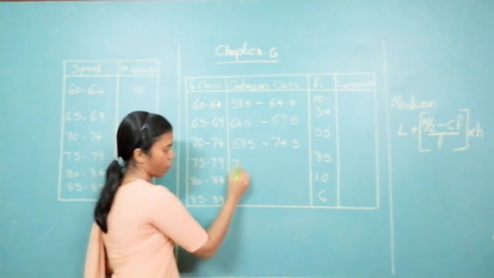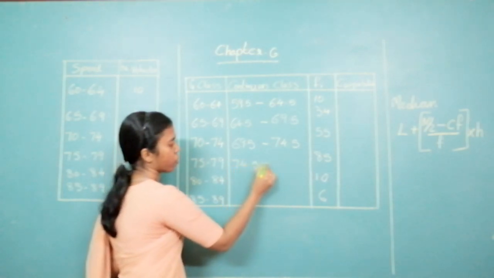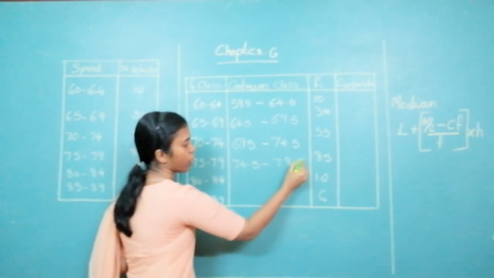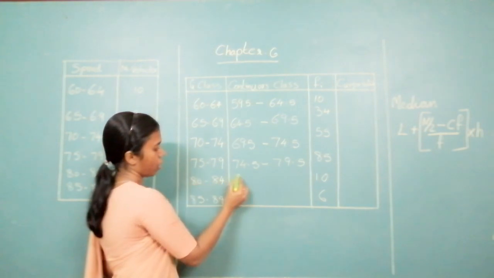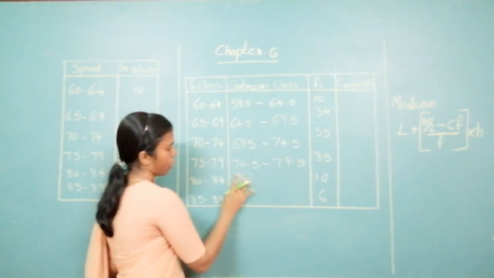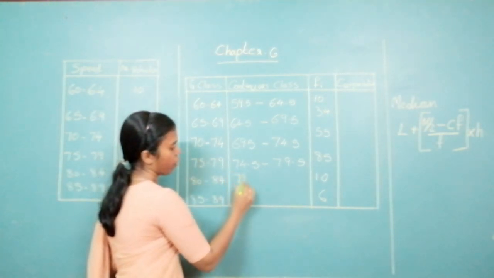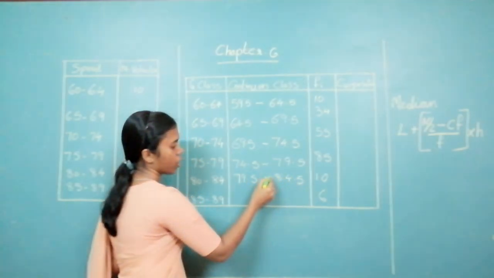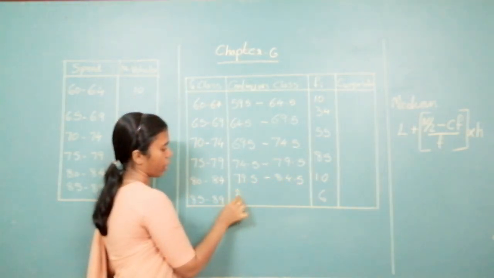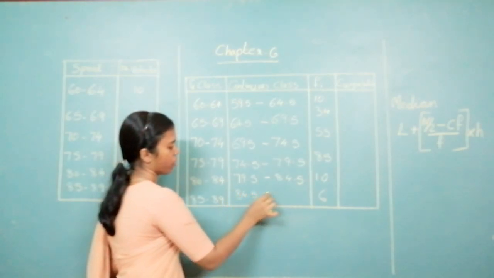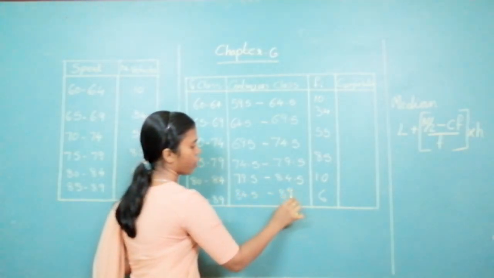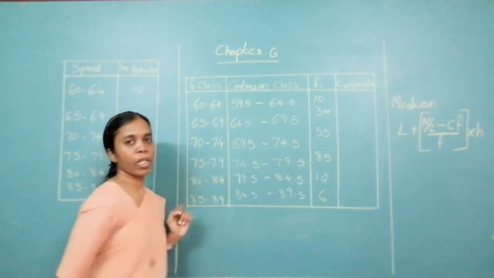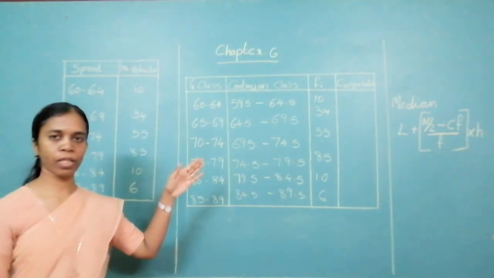Next one, 74.5 to 79.5. Next, 79.5 to 84.5. And the next one will be 84.5 to 89.5.